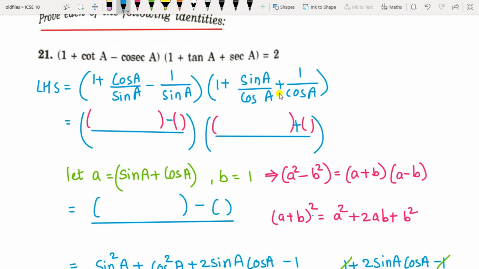You have to substitute these values. Now prove that means LHS equal to RHS that you have to prove. So we are solving here LHS and you have to prove it equal to RHS.